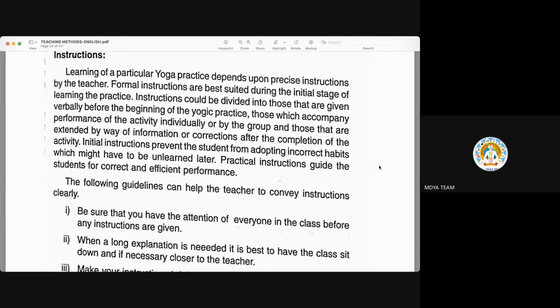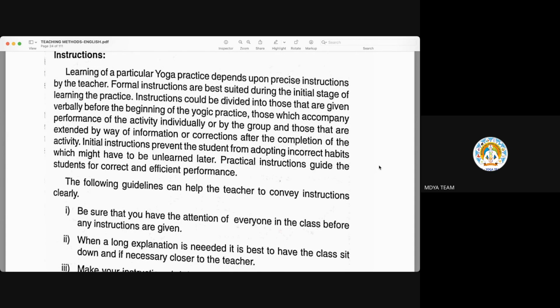So you have to deliver that to the students properly. If they do it properly, then they have the full benefit of that asana. So formal instructions are best during the initial stage of learning, and these instructions could be divided into those that are given verbally before the beginning of the practice, those which accompany performance of the activity, individually or by group, and those that are given as information and corrections after the completion of the activity, because it is not always possible that students are following you properly and doing it correctly in the first few rounds.